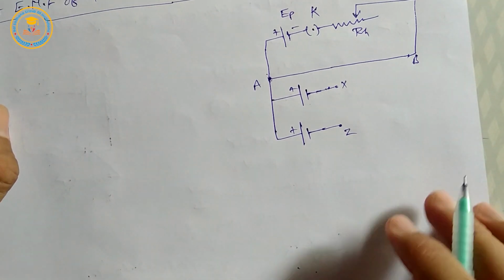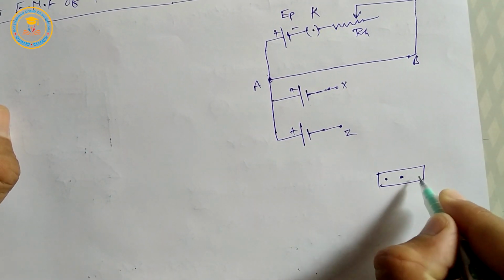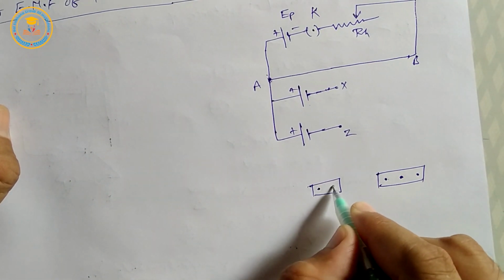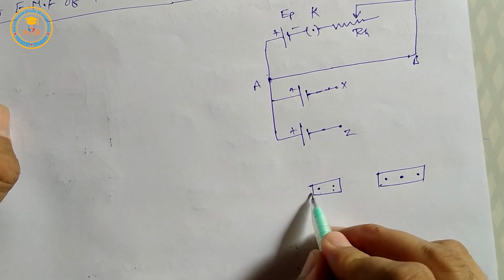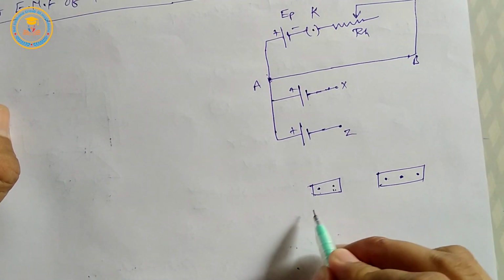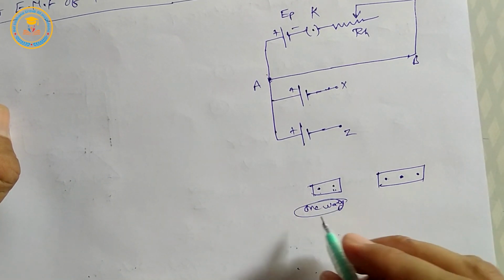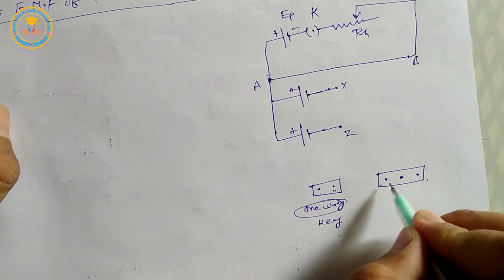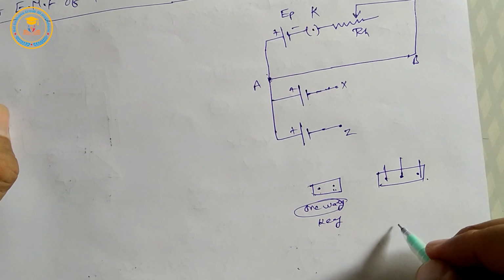This is a two-way key. In a two-way key, three terminals exist, and in a one-way key only two terminals: one is input and one is output. This is our daily life switch, a one-way key, and this is a two-way key. In this key, two terminals are inputs and one is output.